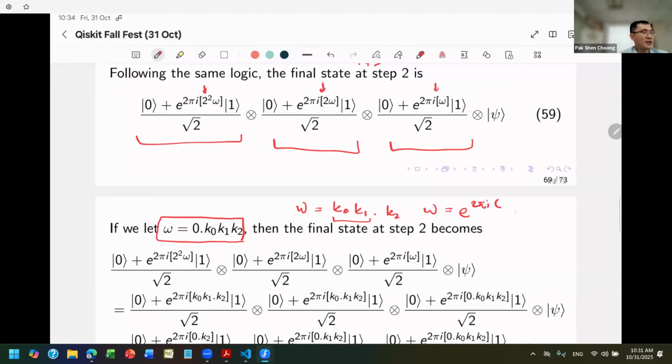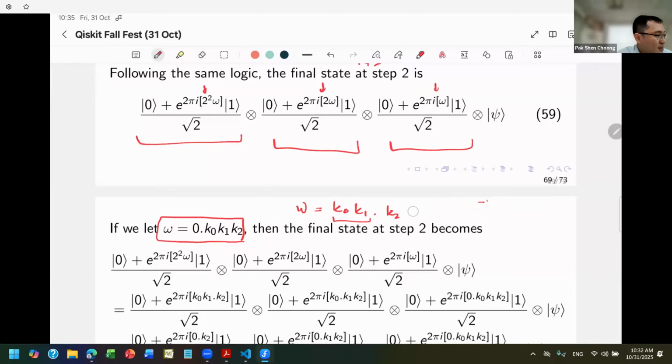So any integer interacting with 2 pi i becomes 1. So effectively speaking, the only thing that will remain is basically 0 point all the terms. In this case, I'm only using 3 qubits, so I only have k0, k1, and k2. If you introduce more qubits, then basically you have more precision. Okay.